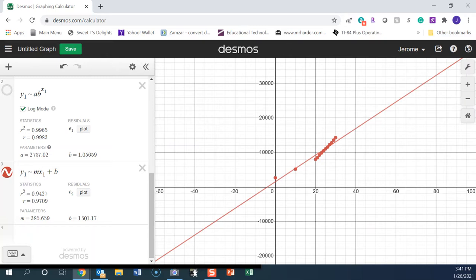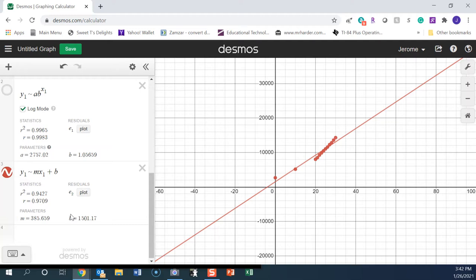So if we look here at our R value is 0.9709. Okay, so we know that this is real close to +1, but I would say that it really doesn't change my mind. No, it does not change my mind. But it does show that it is a good correlation.